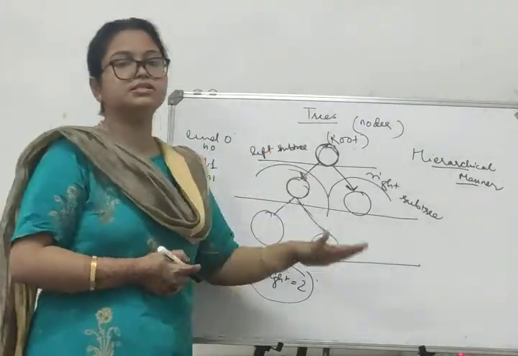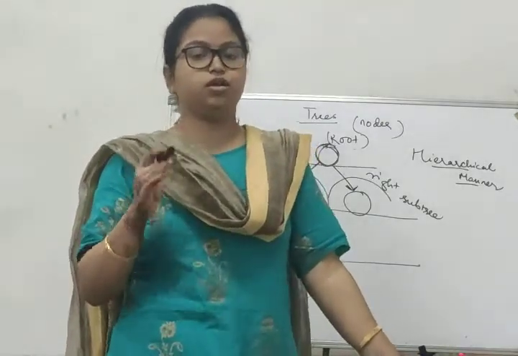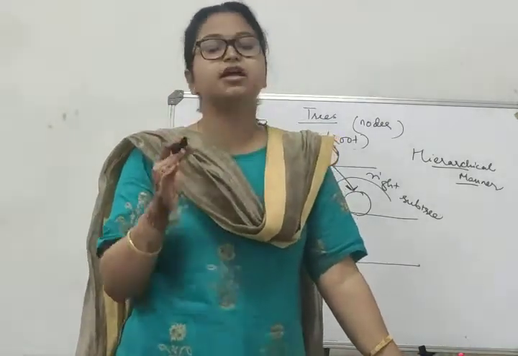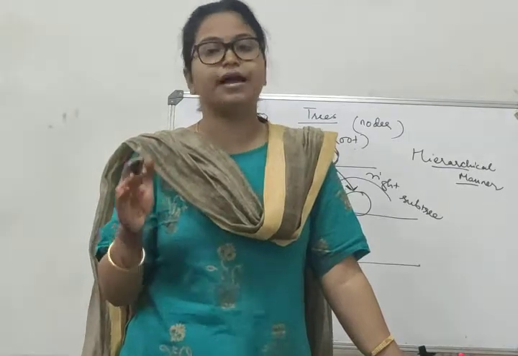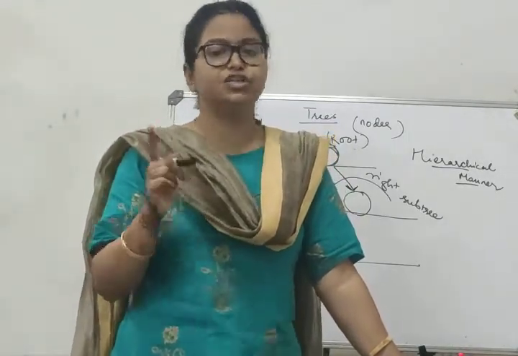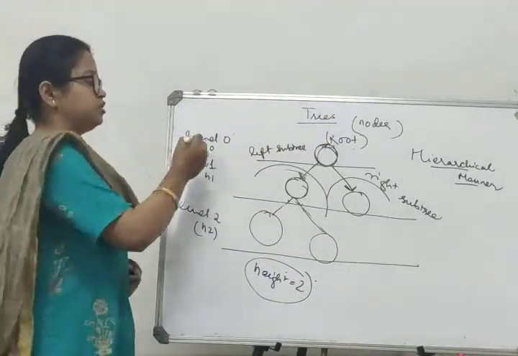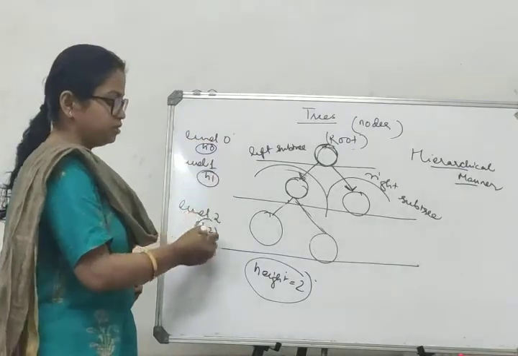The number of levels defines the height of the tree. This is very important, pay attention. The root node is always present at height 0, h0. This is h1, this is h2.